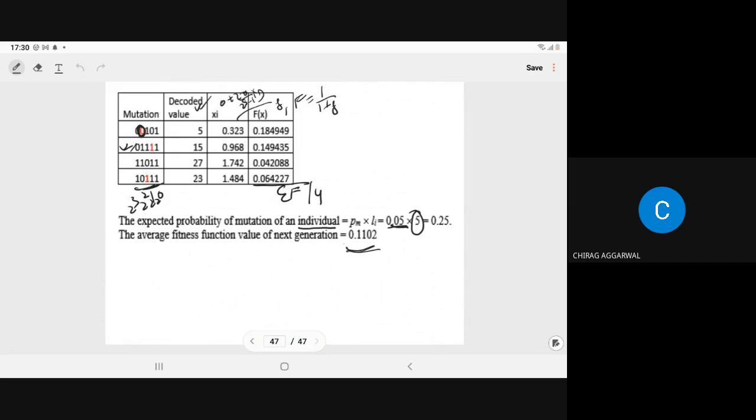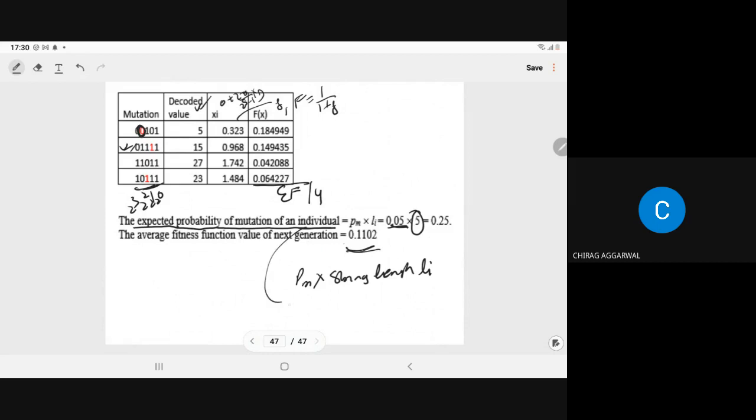Sir, can you explain that part where you said we will multiply by 4 and where we will not? Actually, it depends on the question. If we are asked the expected probability of mutation of an individual, then it is PM into string length, that is Li.